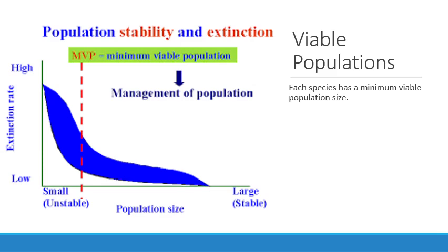So they're going to be on the upper end, the top level of this curve. Some species require a smaller population, so they're going to be on the bottom end. Not all species require the same population size to be viable. What we look at with conservation is how do we manage that population? How do we keep them at a stable population size?